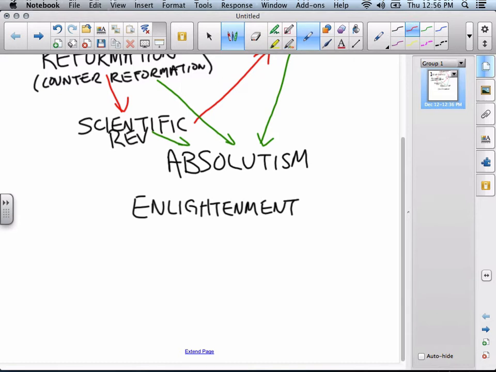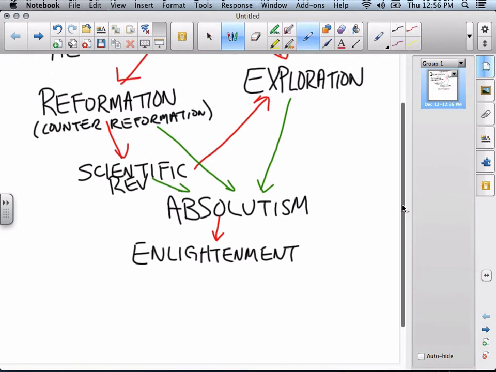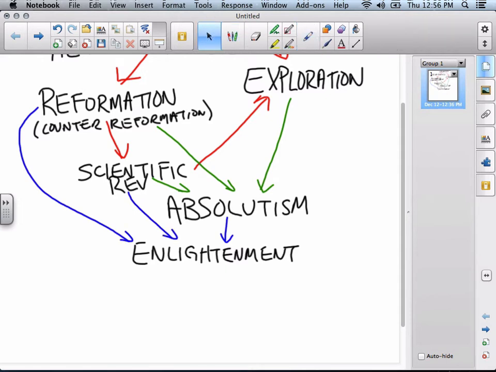So absolutism definitely leads us to Enlightenment. This is where all of that questioning still fits in, because we're questioning absolutism.